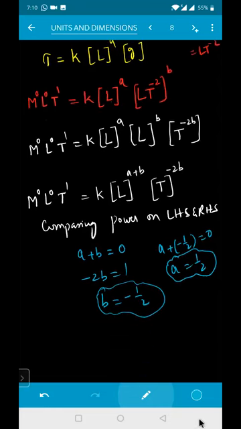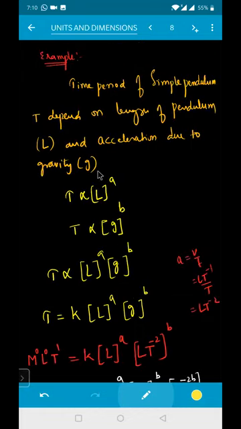Now substitute in the assumption which was given. The time period depends on this relation we got right now. Substitute the values of A as well as B. So T is equal to some constant K into L to the power of A, where A is 1 by 2, then G to the power of minus 1 by 2.